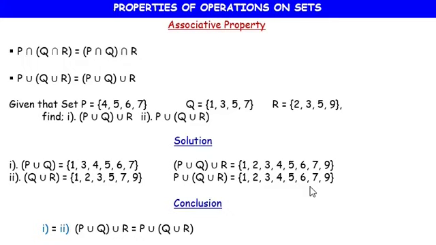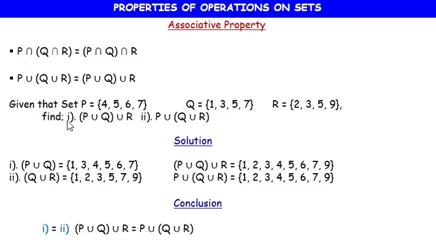Okay, so we have the associative property. Now, to help us understand this property, let's take a practical example. Assuming I give you set P to be equal to 4, 5, 6, and 7, set Q to be equal to 1, 3, 5, 7, and set R to be equal to 2, 3, 5, and 9.